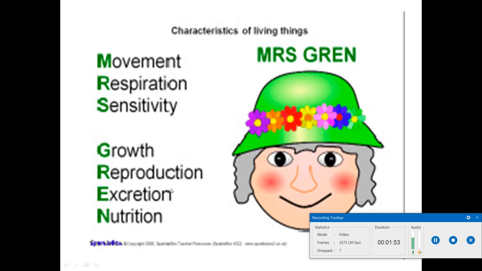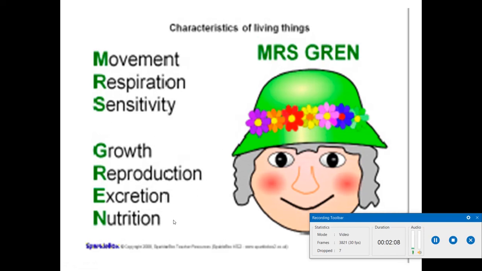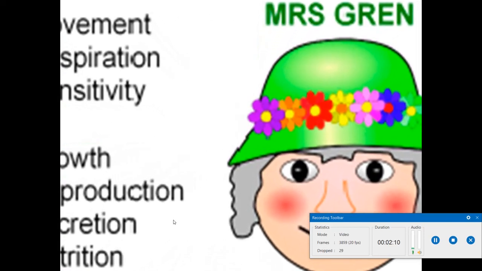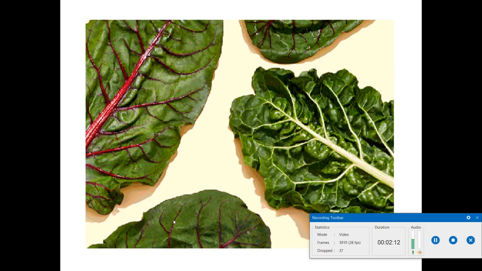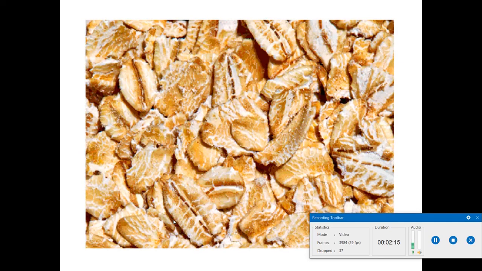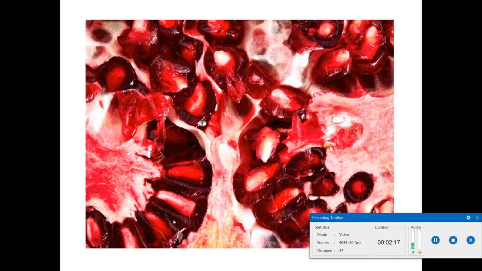Now, in today's class, we will be learning about this important characteristic, that is nutrition, specifically nutrition in the living organism plant. You can remember Mrs. Green so that easily you can recall all this.